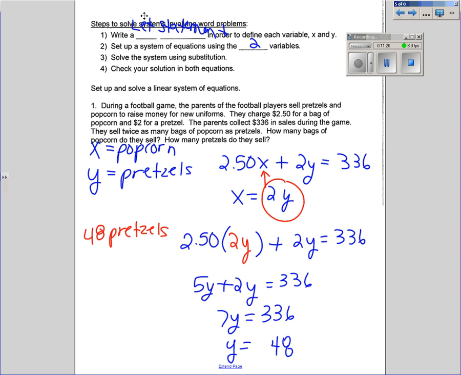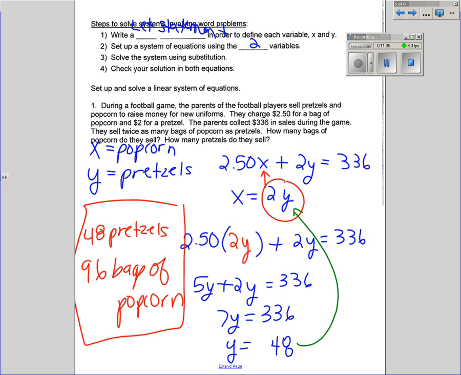So if we substitute in 48 for the y and double it, popcorn is going to be 96. So 96 bags of popcorn. Here our answer is not written as an ordered pair, it's written as an actual word problem answer. 48 are pretzels, 96 are popcorn, so you label your answers.